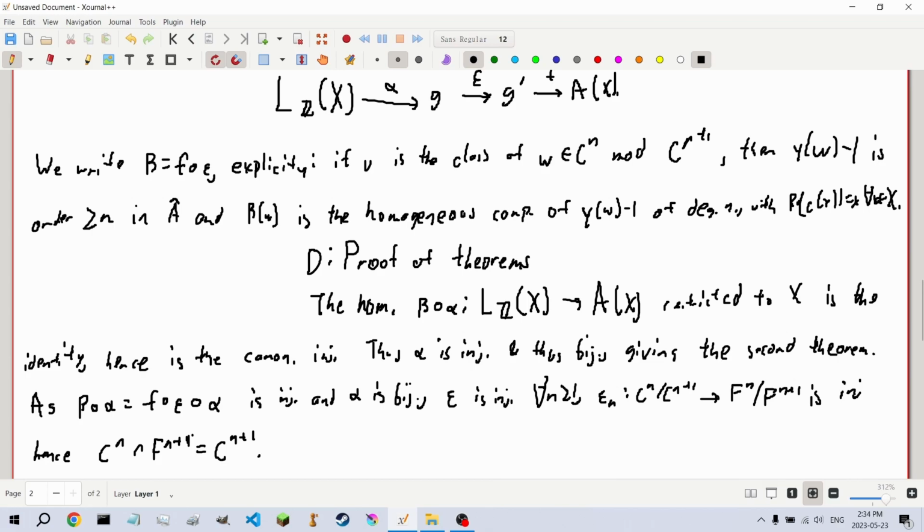We also have that C^1 is F, which is F^1.